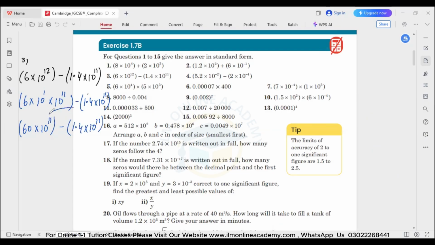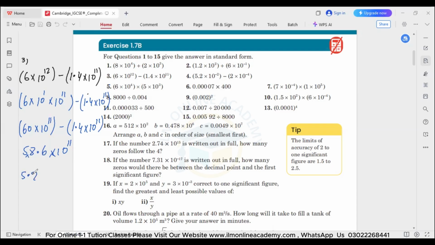So as we got the similar powers of 11, from 60 you can subtract this 1.4. Okay. So if from 60 I subtract 1.4, basically it will be 58.6. Along with that, you can write 10 power 11 as it is. But again, I got a big number, 58, and I need to make it smaller. So I will apply the decimal point after 5.